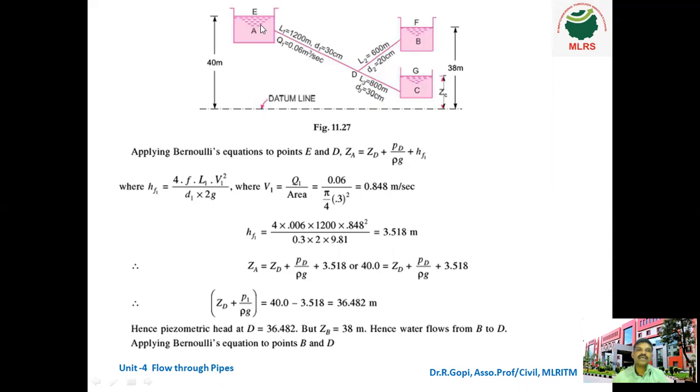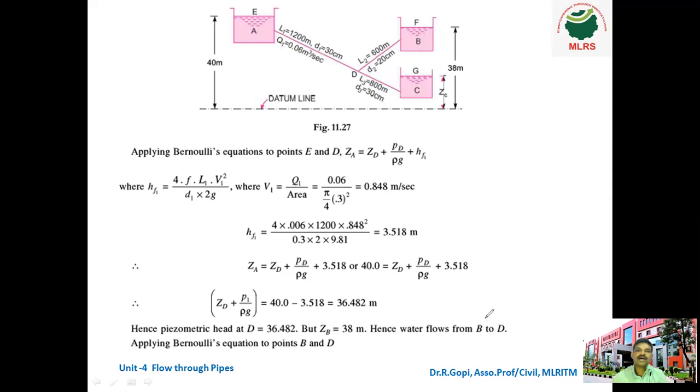From A to D a slope is there, and from B to D, flow takes place from B to D only, not D to B. If it were D to B, then Q1 equals Q2 plus Q3, but here flow is taken from tank B to D and also from A to D. So this combined water is collected and goes through tank C.